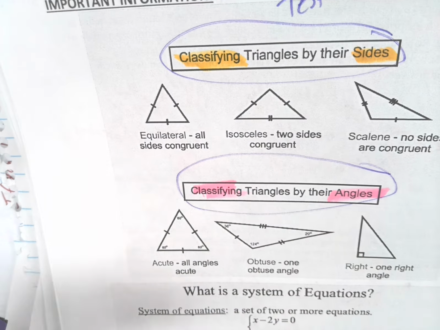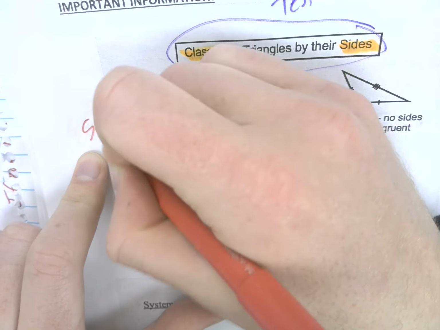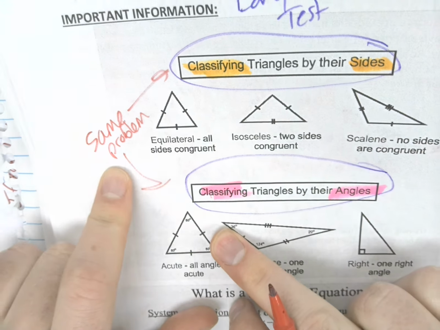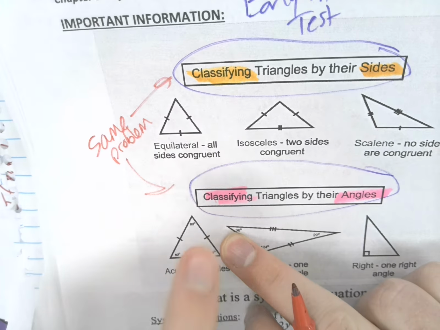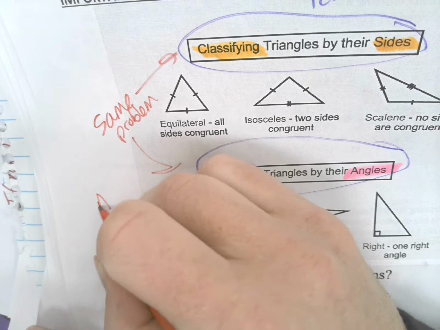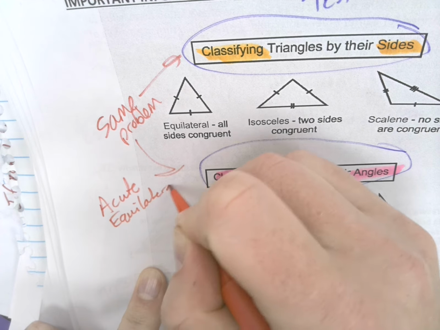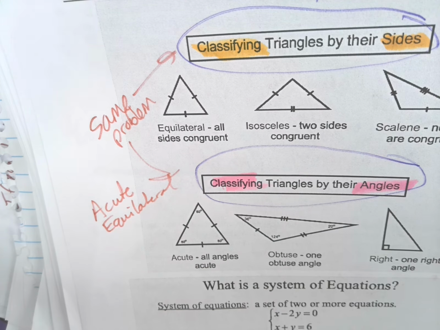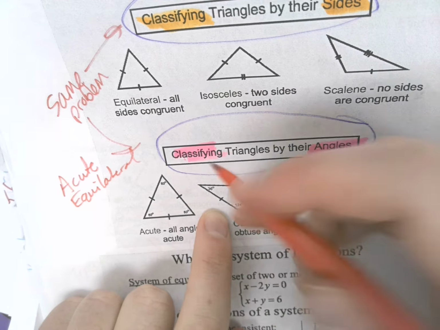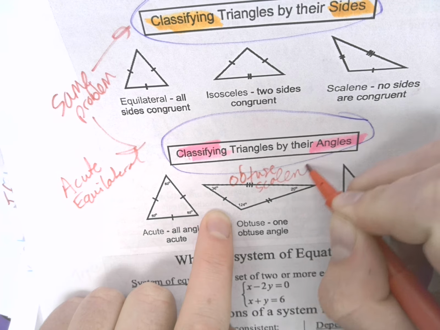You're going to be asked to do both, sometimes in the same problem. So a lot of times, the same problem is going to require you to classify by the side and classify by the angles. So you could have an acute equilateral. You could have, check this out, an obtuse. None of these angles are the same. Obtuse scalene. See that?